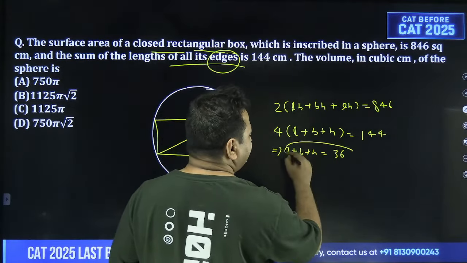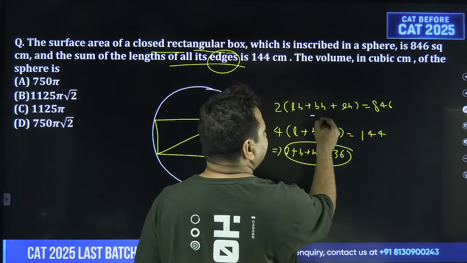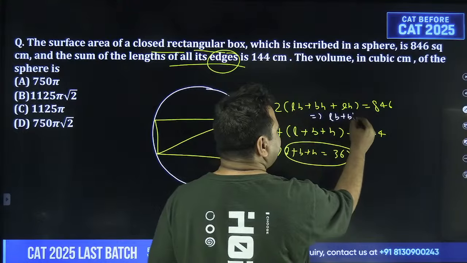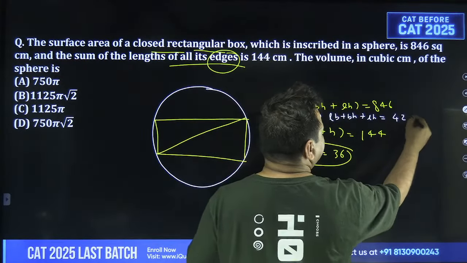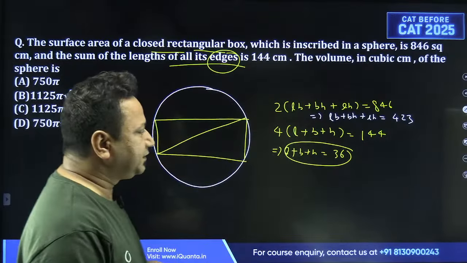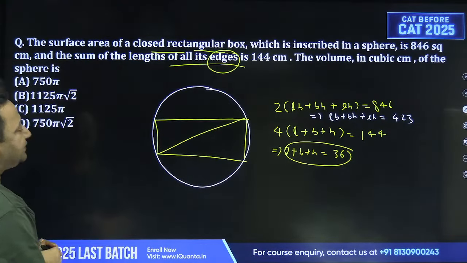We can divide 144 by 4, and if I solve it here, I'll just change the ink. LB plus BH plus LH will be equal to 423. Right? We have two equations, and based on that we need to find the volume of this sphere.